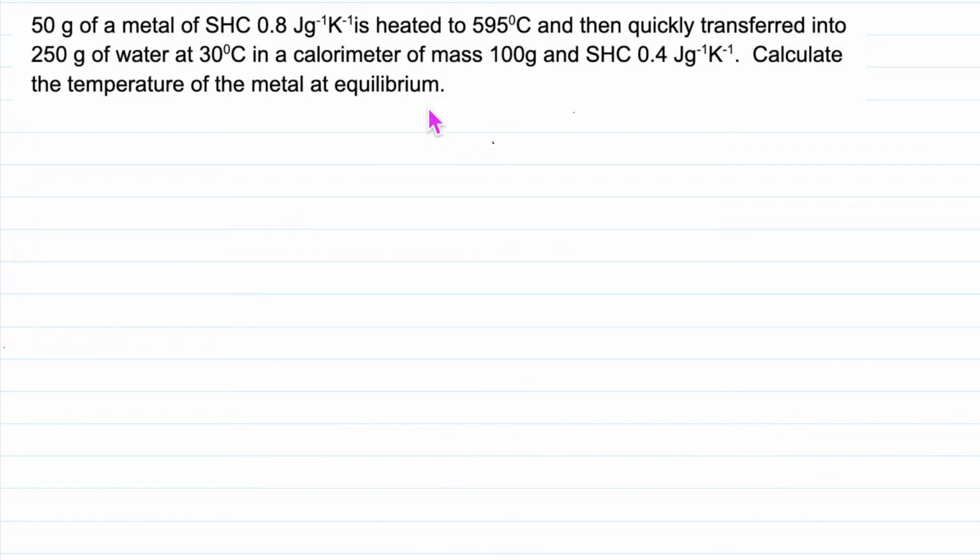That means when the heat exchange is finished, when the heat lost is equal to heat gained till the equilibrium temperature is attained, and that is the temperature we have to find.